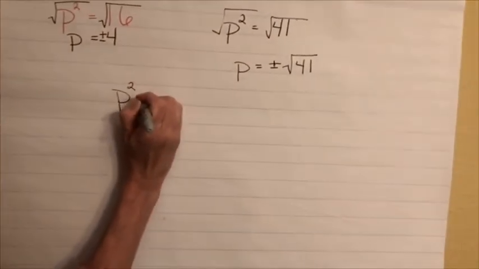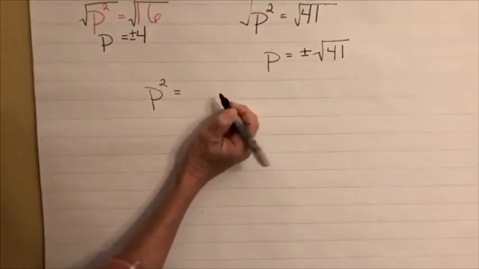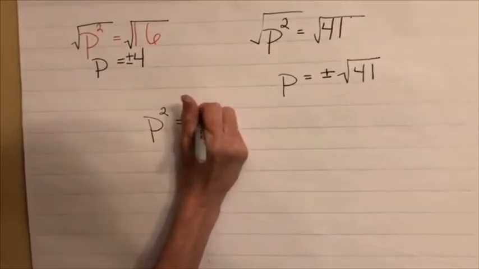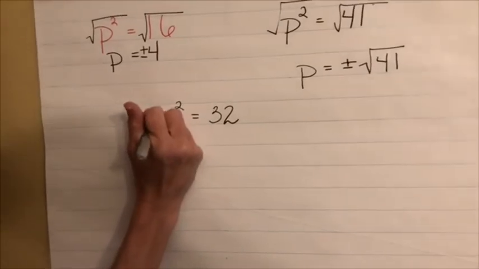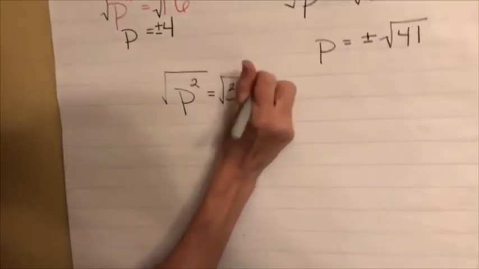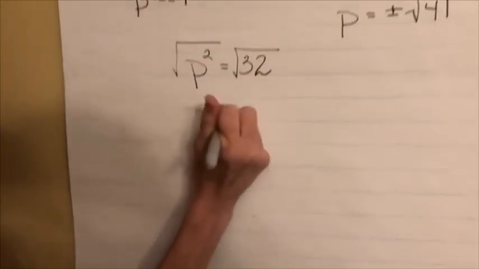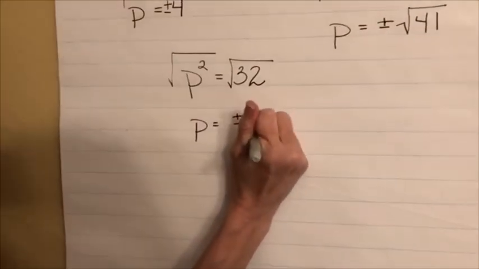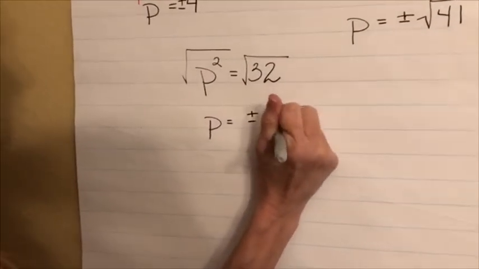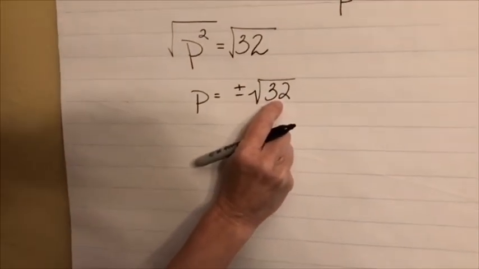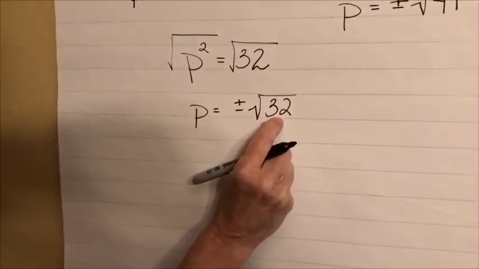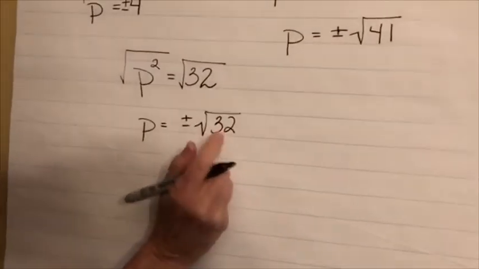P squared equals 32. Okay, we can take the square root of both sides. So P equals plus or minus the square root of 32. But then you say, oh wait, 32 is actually 16 times 2. And we know that 16 is a perfect square.